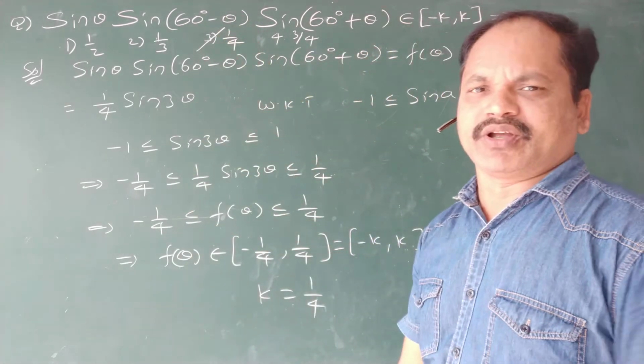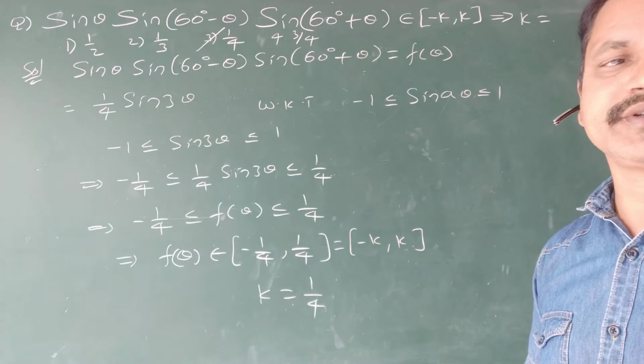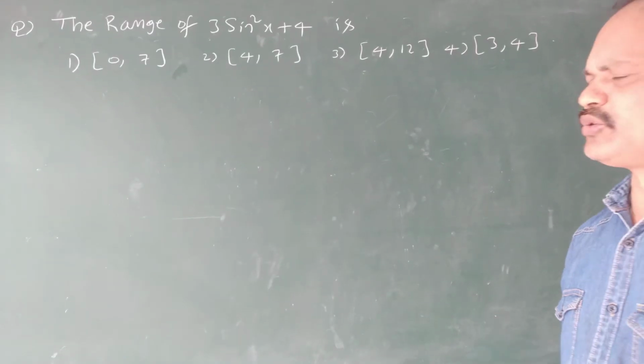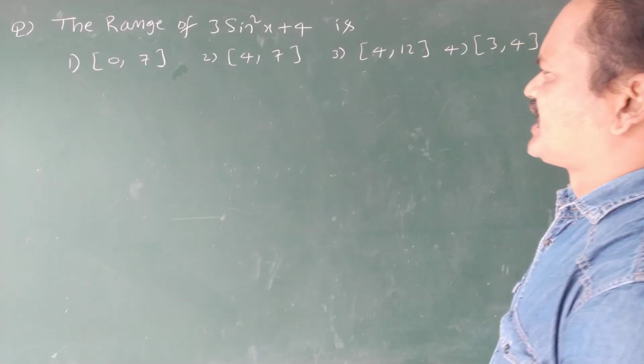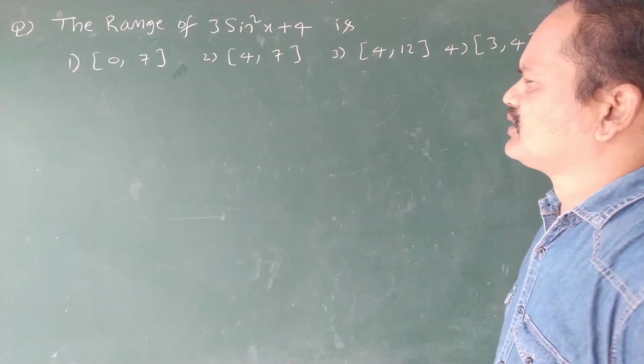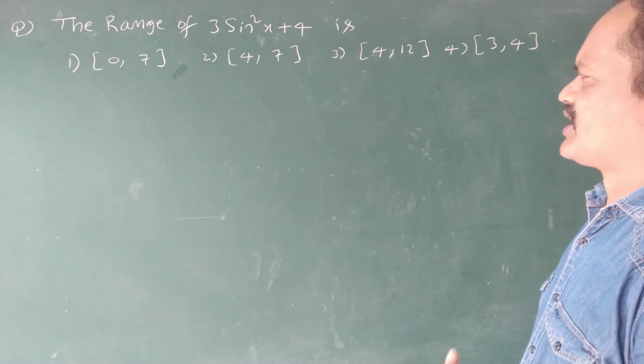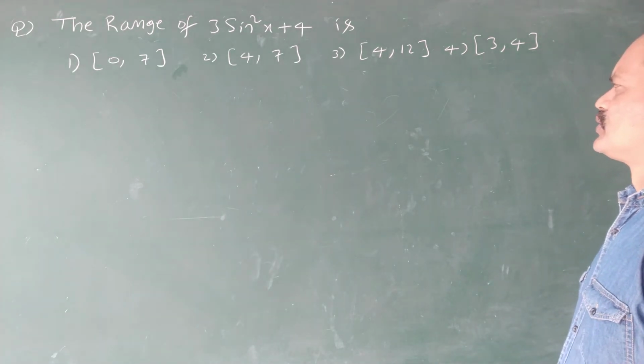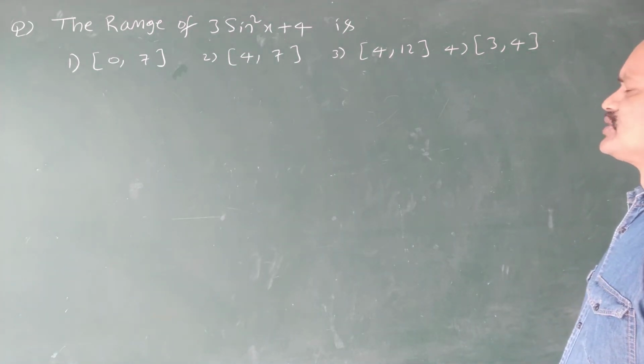That's all. Now we are going to one more question, depending upon this concept. We are going to the next question. The range of 3 sine square x plus 4 is: first option closed 0 to 7, second option closed 4 to 7, third option closed 4 to 12 and fourth option closed 3 to 4.